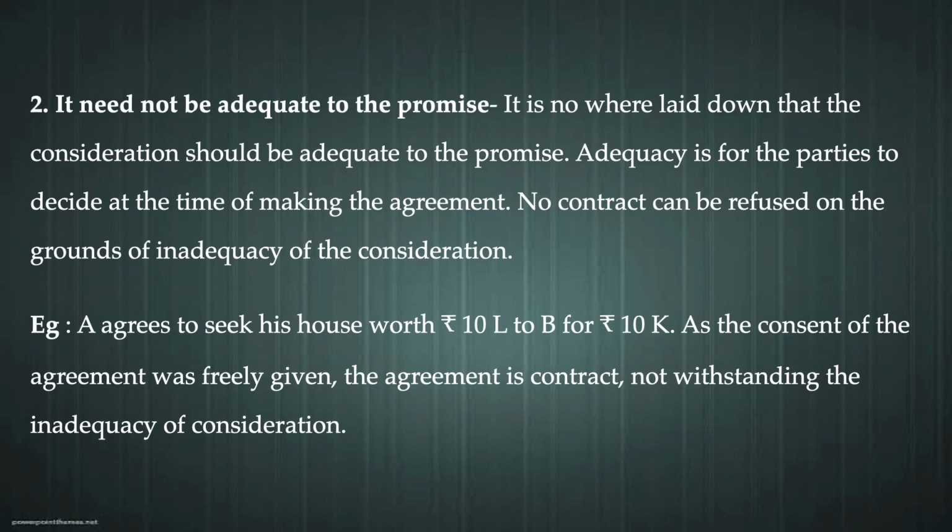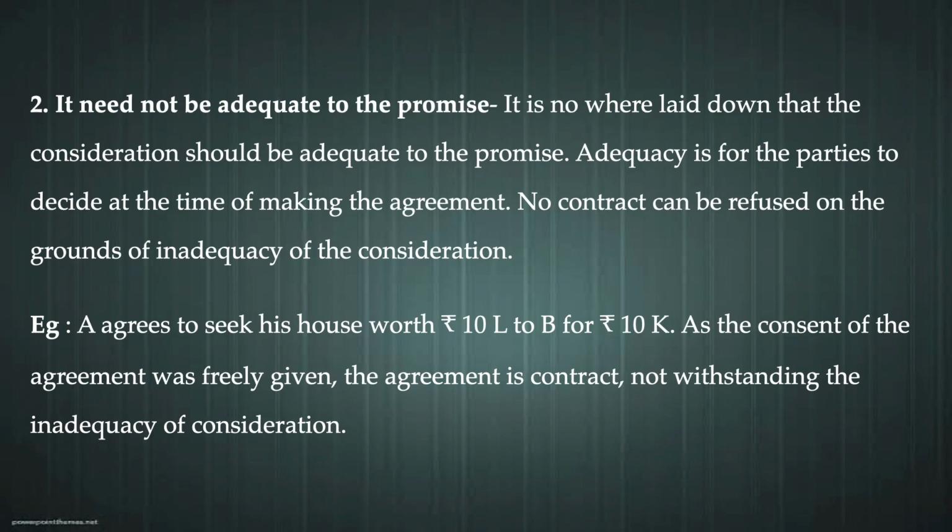Notice that word, consent. That means A was not forcefully asked to reduce the price so low. Where is 10 lakh and where is 10,000? He was not forced to do so. It was a free consent. He by himself agreed to it, and B also agreed to purchase it for rupees 10,000.